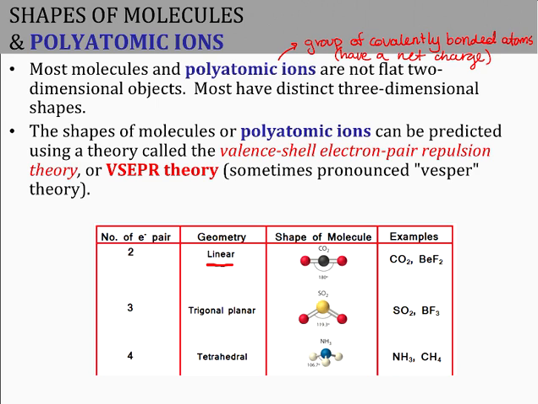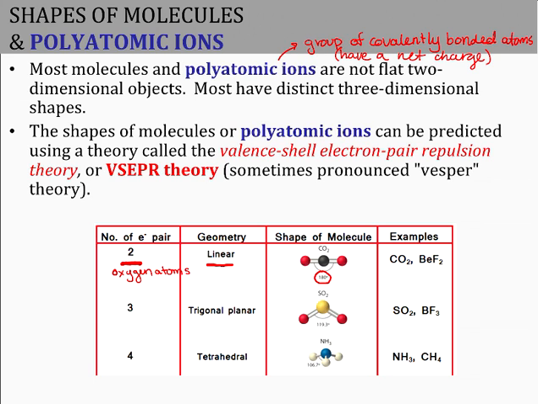And then we're considering the carbon in the middle as kind of our reference point. So here we have two electron pairs, and those are the oxygen atoms in this particular example. And those want to be as far apart from each other as possible. So the angle between those two oxygens is 180 degrees.